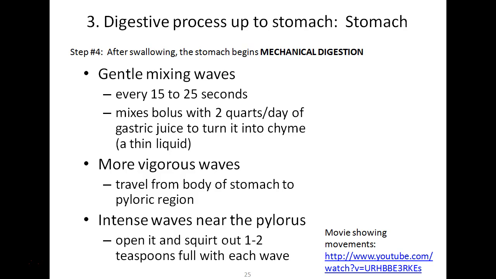These are going to be also having more vigorous waves that travel from the body of the stomach to the pyloric region. Now keep in mind this pyloric region is not completely closed. There's a little bit of an opening in there, so we're able to open that up a little bit and squirt out about 1 to 2 teaspoons with each wave.